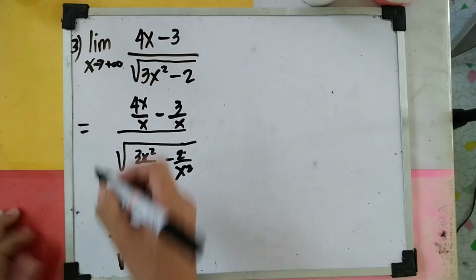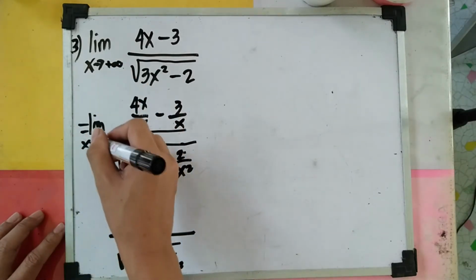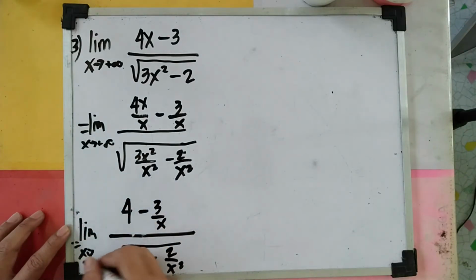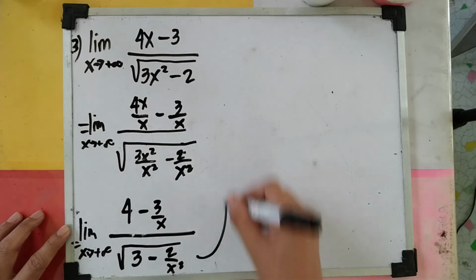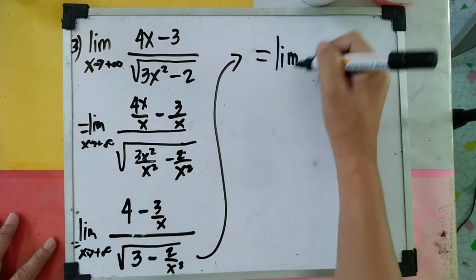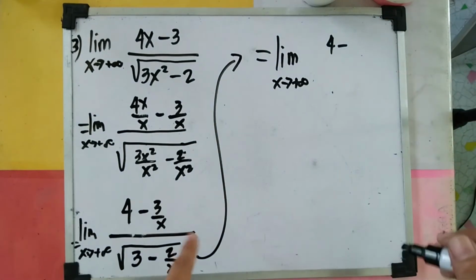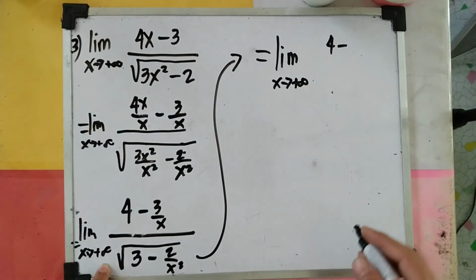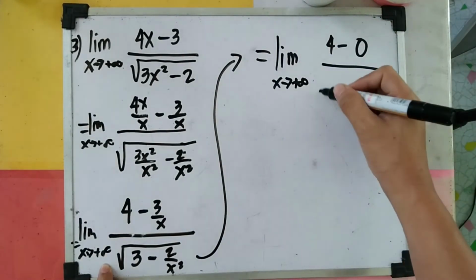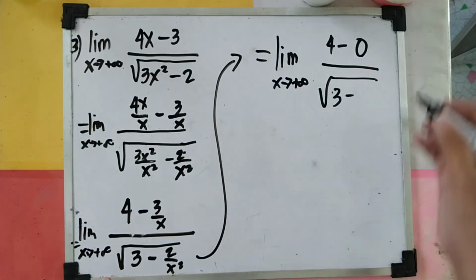Okay, nakalimutan natin maglagay ng limit, class. X approaches positive infinity. Solution na tayo, class. Okay, applying the theorem ngayon, 3 over x as x approaches positive infinity, that is 0. 2 over x squared as x approaches positive infinity, 0.